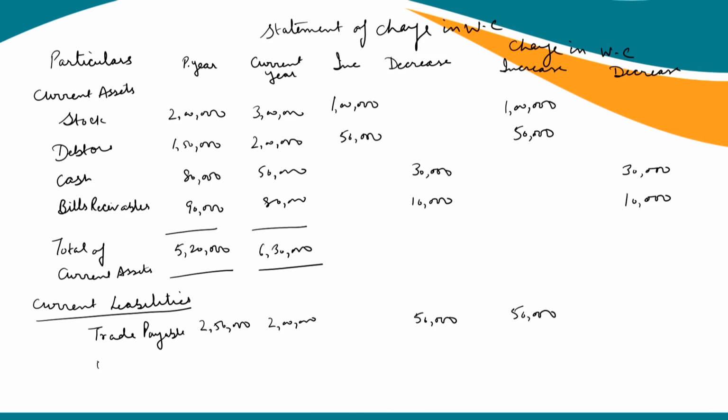Next is interest payable. Previous year 50,000, current year 60,000. There is an increase of 10,000. This increase in current liability means there will be a decrease in the working capital of 10,000. Then next given in the question is dividend payable.